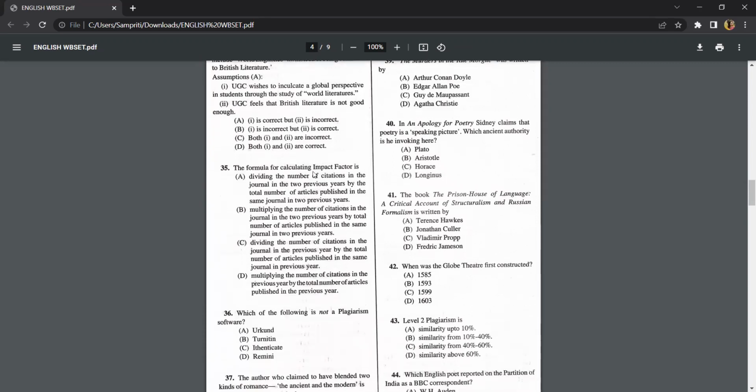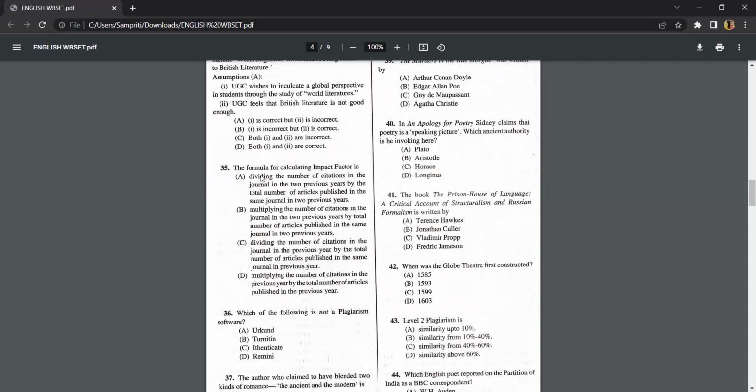The formula for calculating impact factors, I don't know why they ask this. Impact factor, if you are aware of this, it is the number of citations in a journal. They have impact factors like 5 point something, 7 point something. The higher the impact factor, the better the quality of the journal is considered to be.